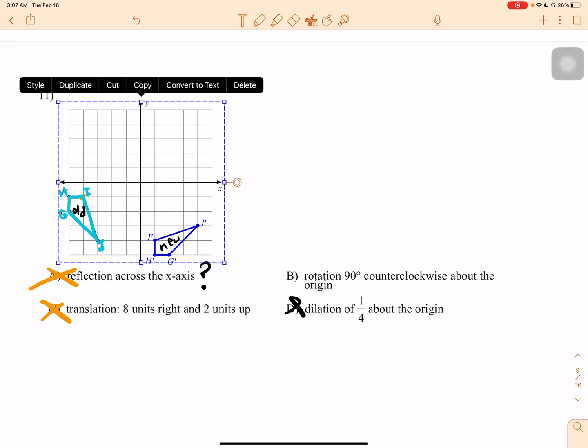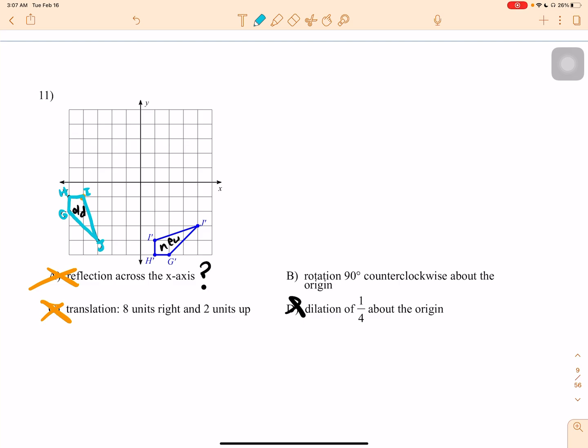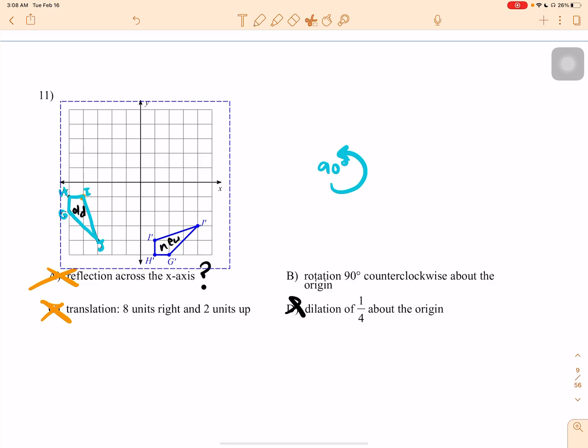This one says rotate 90 degrees counterclockwise about the origin. Counterclockwise means going this way. 90 degrees means one turn until I'm flat again, basically. Let me go ahead and try here. See if we can rotate a few things. That question mark is going to come with us, but it's just going to have to happen because I'm not going to do this again.